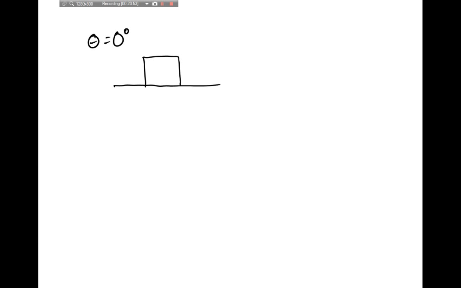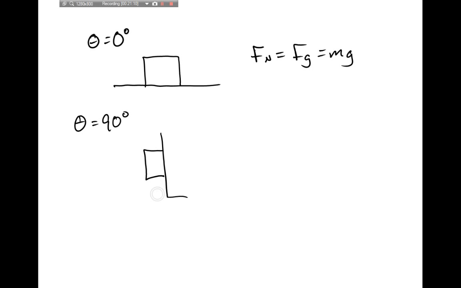And I know, in this case, the normal force is equal to the force due to gravity, which is mg. And if the ramp were at 90 degrees, then I have a box that's in free fall, and the wall is not exerting a force on the box anymore. The box is just falling straight down and the wall is not pushing against the box. So in this case, the normal force is 0 newtons.